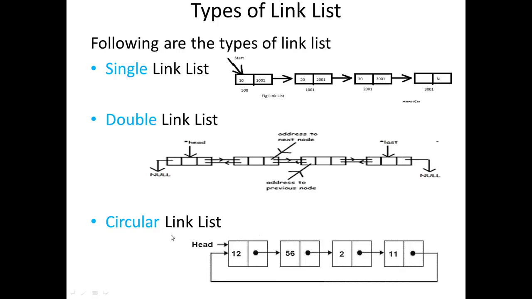In a circular linked list, the last node will not have a null pointer. Instead of keeping a null, it will point back to the first node. That kind of link is called a circular linked list. We will see in detail how to perform insertion operation and deletion operation in single linked list, double linked list and circular linked list in our next video.